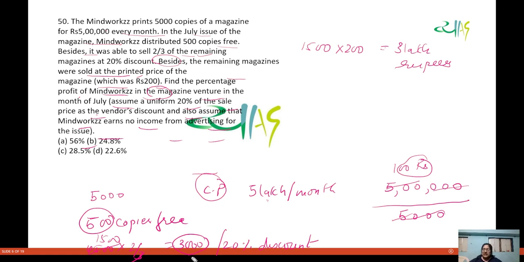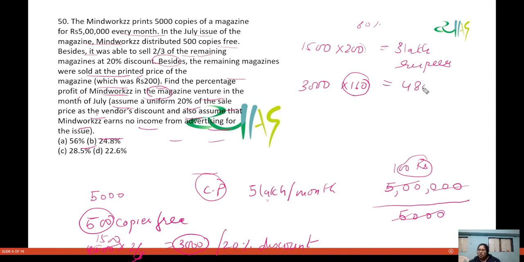And the remaining 3,000 magazines you are selling at a 20% discount. So 200 is the marked price. What is 20% of 200? Okay. So that means the price is 80% of 200, so this is 160.